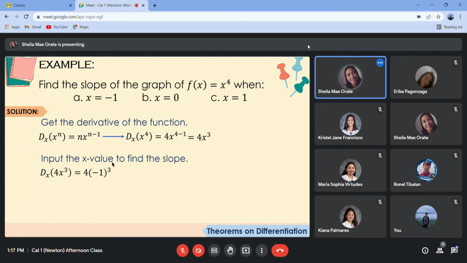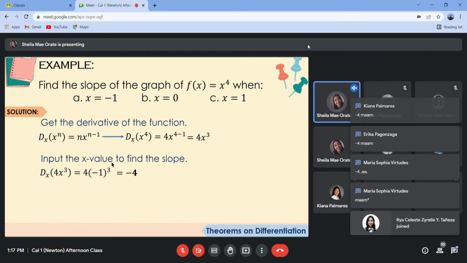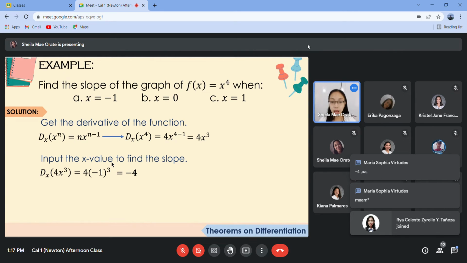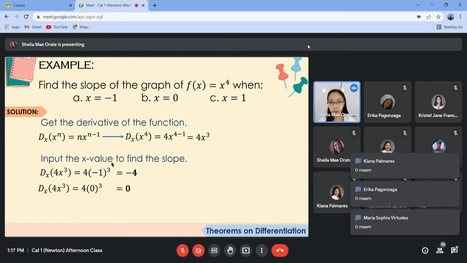This is negative 4. Very good. So at x equal to negative 1, the slope is negative 4. How about 4 times 0 cubed? The answer is 0. Very good. So at x equal to 0, the slope is 0.